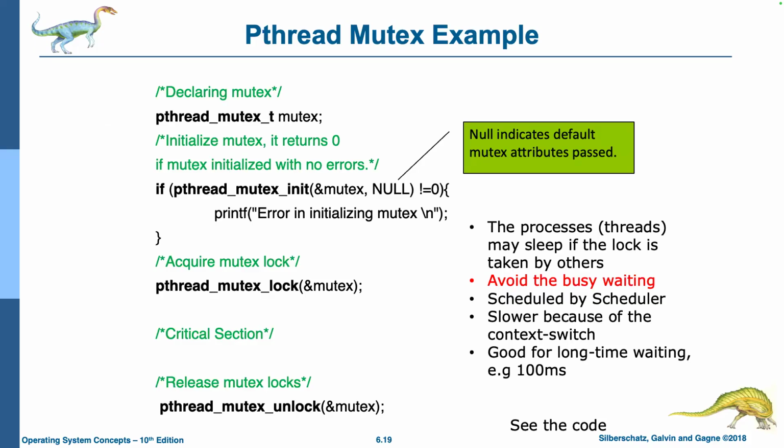Here init with NULL means default mutex attributes are passed. Then you use the mutex lock and unlock. This is to avoid busy waiting. We say the spin lock is busy waiting, always checking.